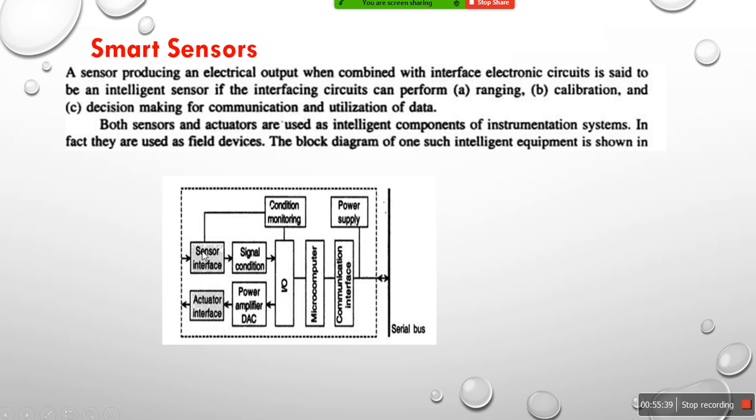But in order to amplify that and drive the information collected by the sensor to other parts of the units or other places, what we use is the signal conditioning circuit.